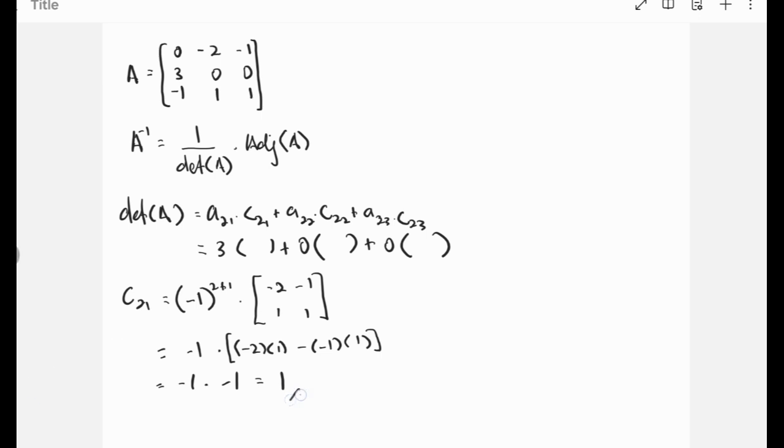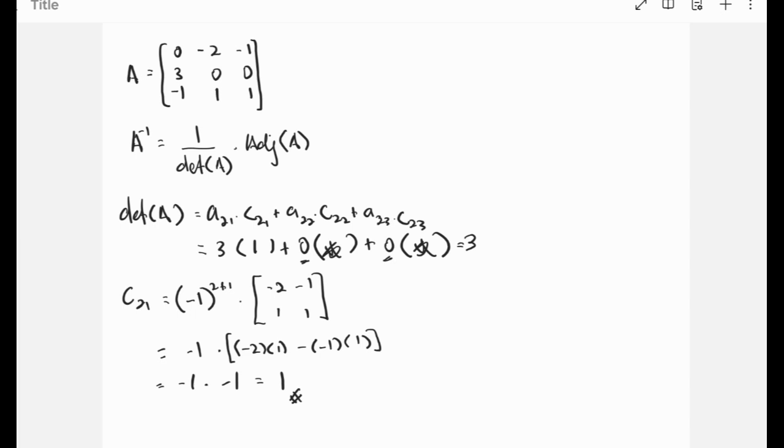So this is C21. For these two values it doesn't matter, because later we're going to multiply with 0, and we will still get 0. So the determinant for this matrix is actually equal to 3, right?